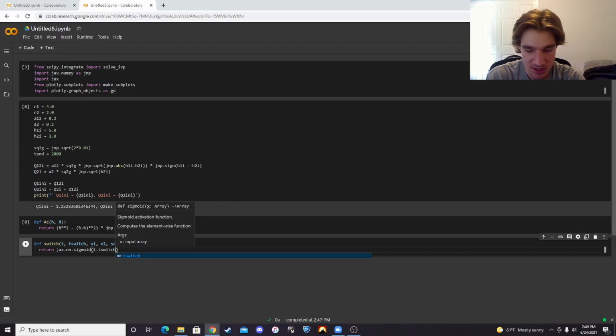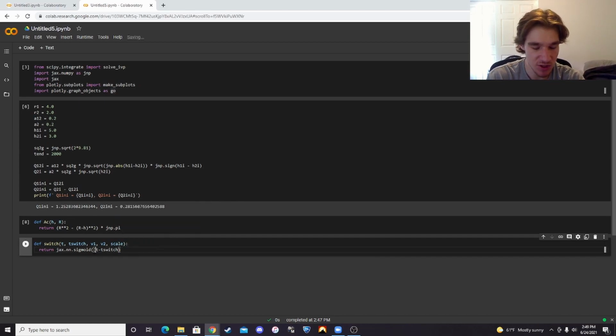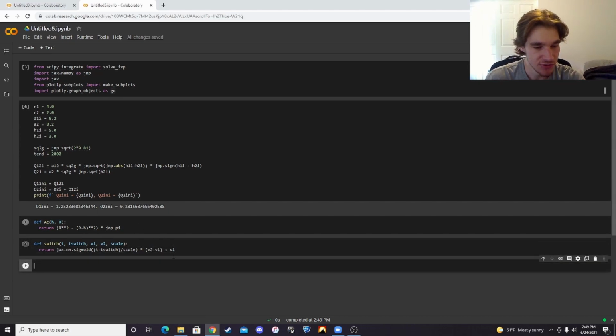And this is going to be all in parentheses because this is going to be over our scale, whatever we decide the scale to be. It's going to compress it, and then we're going to multiply this by V2 minus V1, and then we're going to shift it up. Shift Enter, make sure that all makes sense and the code can read it.